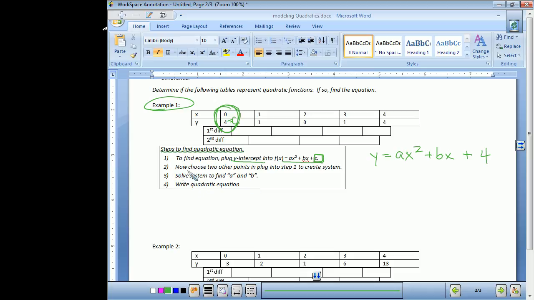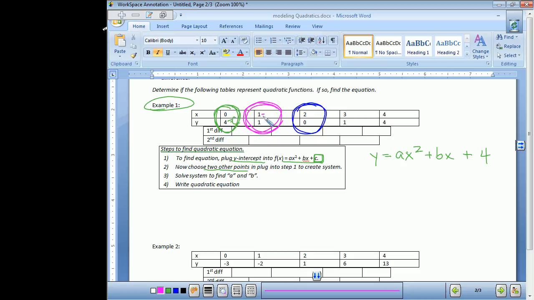Step 2 says now choose 2 other points and plug them into step 1 to create a system. Alright, so I'm going to choose this point, that point, and then this point. It doesn't matter which ones I choose. I just randomly pick those.